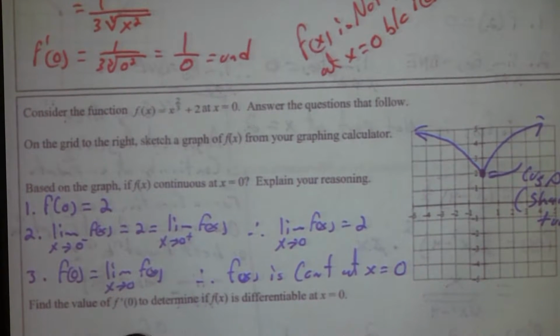Remember doing all this a while back? Proving continuity? Do you remember IVT? What was IVT? Intermediate value theorem. What had to be true for intermediate value theorem to apply? It had to be continuous. F of a could not equal f of b.